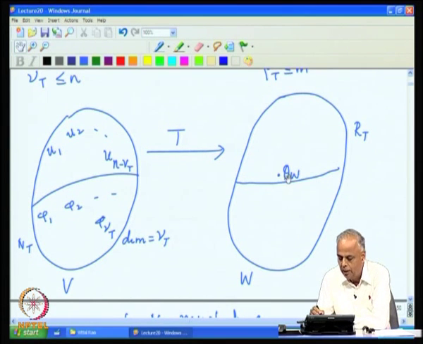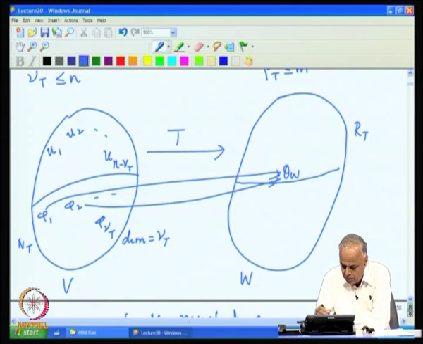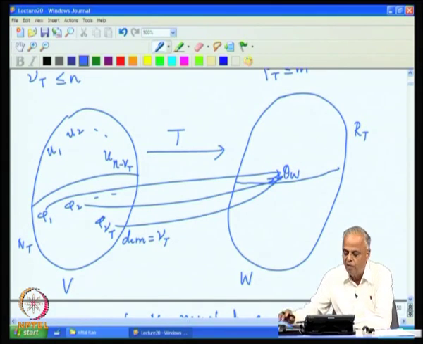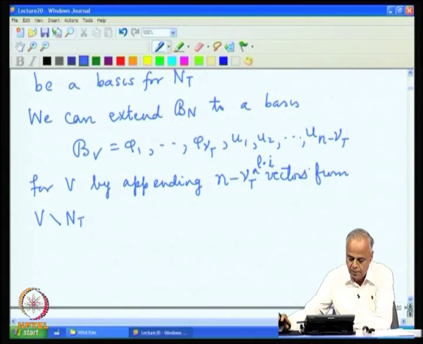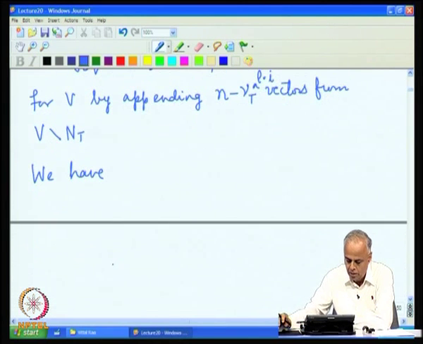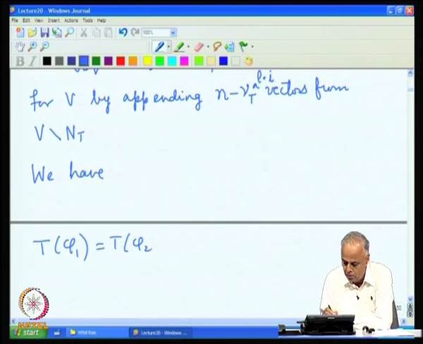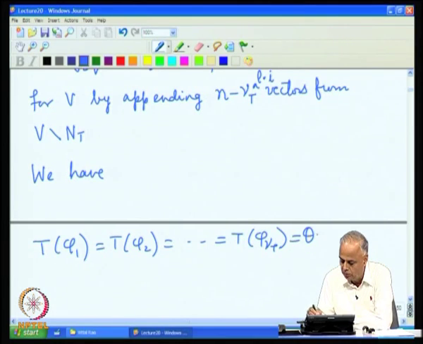Phi 2 will get mapped to theta W. Phi nu t will get mapped to theta W. In fact, everything in the null space of T will get mapped to theta W. So, in particular, all the phi's are going to get mapped to theta W. So, first observe that T phi 1, T phi 2, T phi nu t are all going to be the 0 vectors.